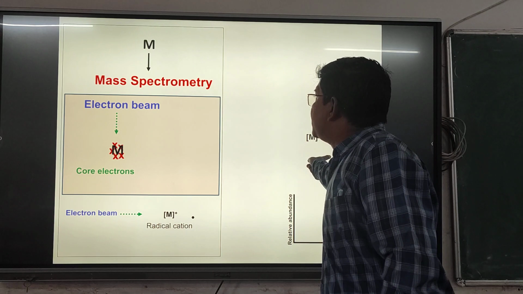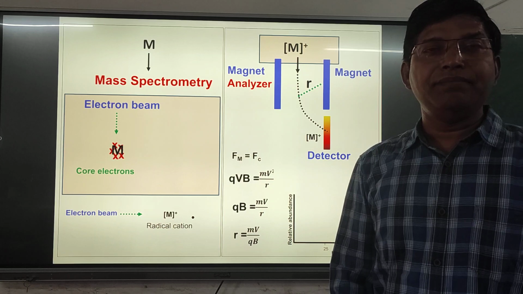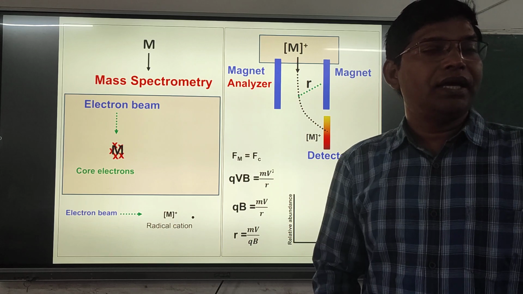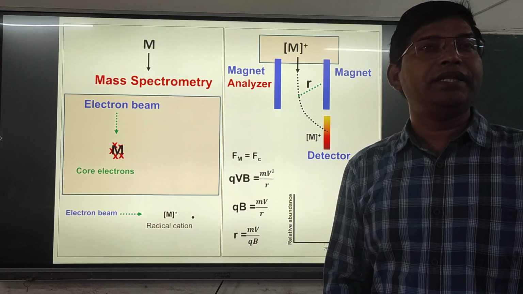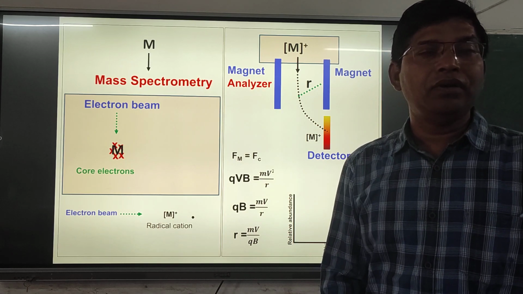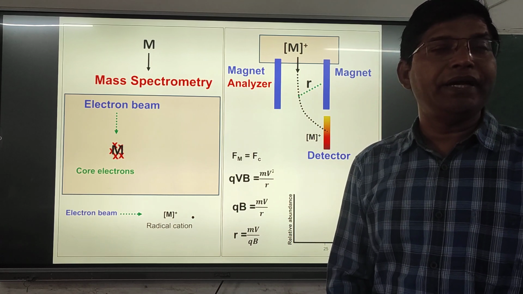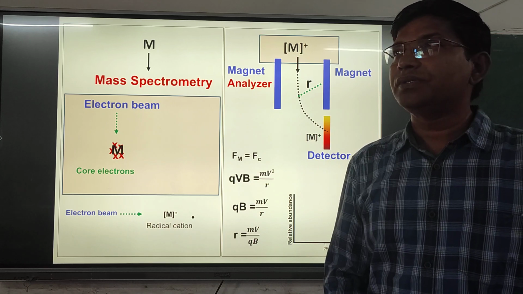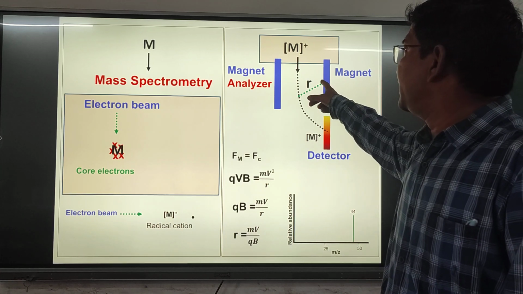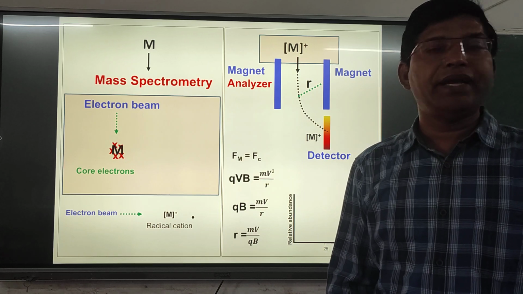Now this ionized element, or cation, passes through the analyzer. In mass spectrometry there are different types of mass analyzer, like ion trap, quadrupole ion trap, and time of flight, and depending upon the use, the MS is detected with this mass analyzer, which consists of a highly magnetic field.